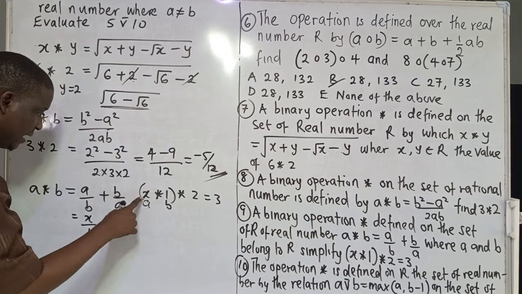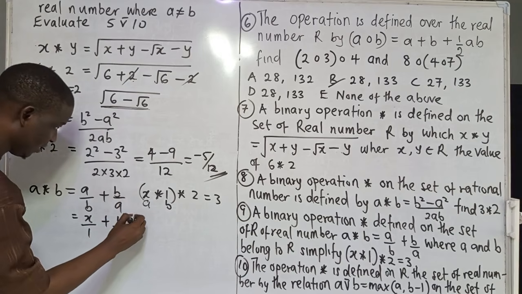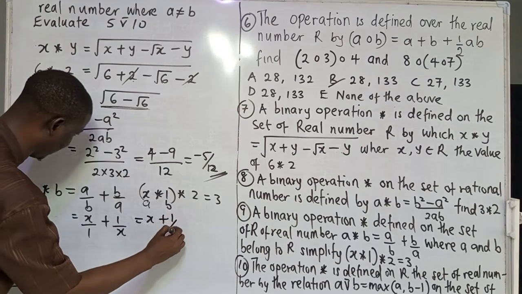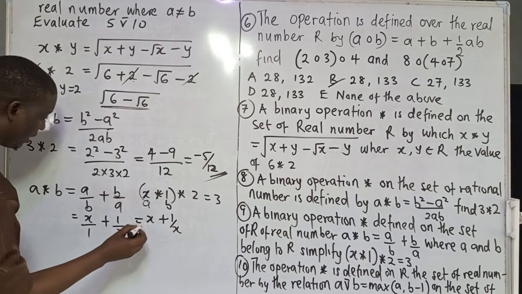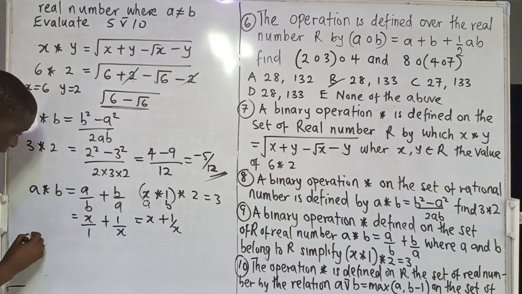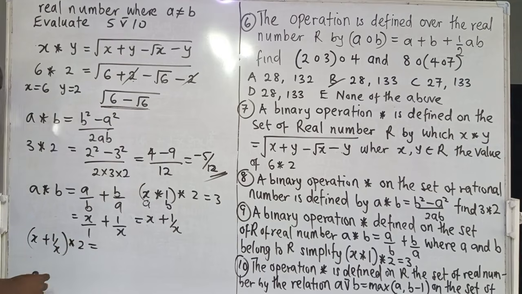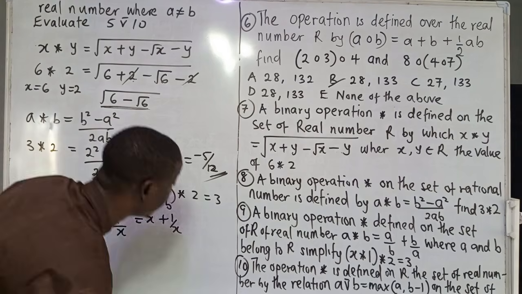Plus, then B is 1. Then A is what? S. You see, we got what? S plus 1 over S. We are done with that one. So now, this operation now that we have gotten, S plus 1 over S operate what? Operation 2. That's what we want to do now. So let's clean the board first.